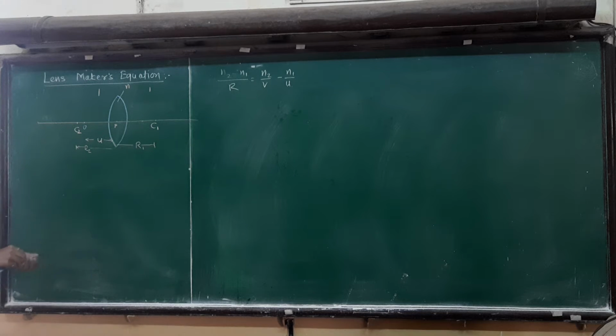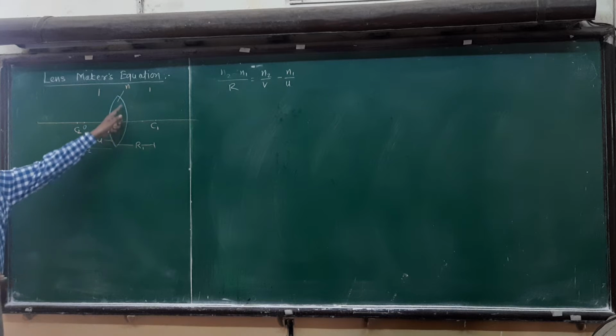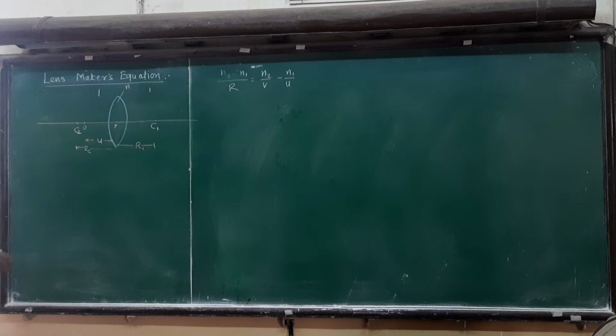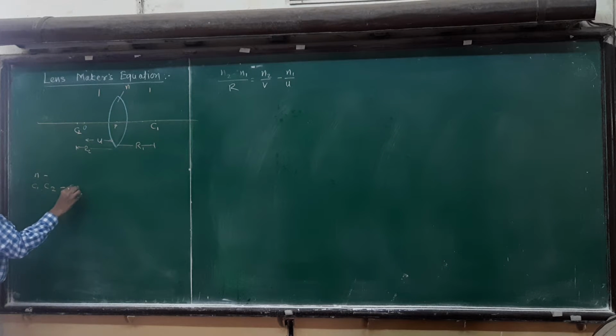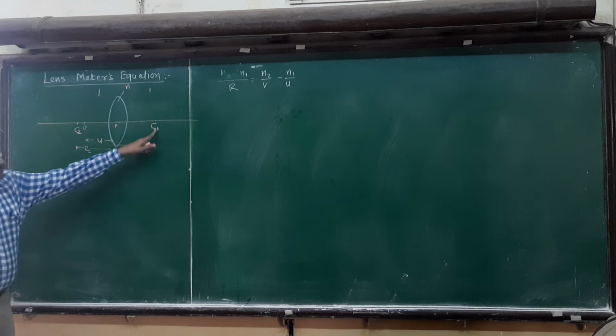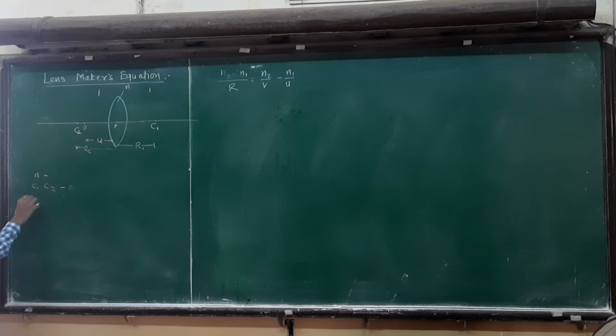Now we discuss the first point. First of all we write the labeling. n is the refractive index of the medium, P is the pole, and C1, C2 are the centers of curvature of the first and second curved surfaces.